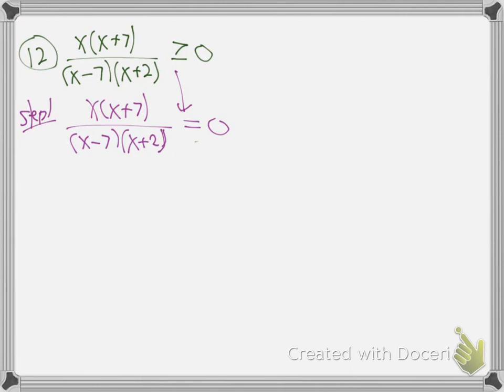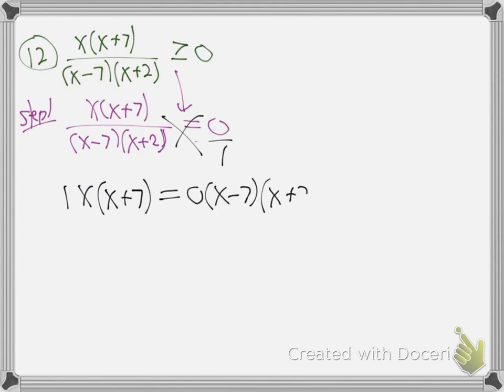How do you solve that? The fraction on one side, whole number on the other. What do we always do? Put over 1, diagonal, diagonal. Cross multiply, right? So 1 times x plus 7 equals 0 times x minus 7, x plus 2. We okay with that? I just went diagonal, diagonal. We've done that a lot of times, right?